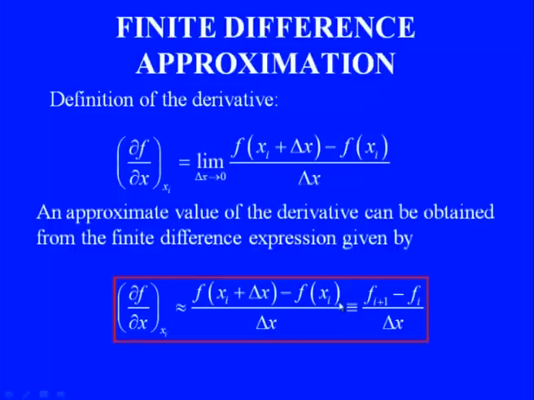Or if you use a compact notation for these function values, we can write it as f of i plus 1 minus f i divided by delta x. Now, this is one approximation which is frequently referred to as forward difference approximation. Why we call it forward? Because we have used a value of the function at a point to the right of point x is equal to xi, that is what this value f i plus 1 means.